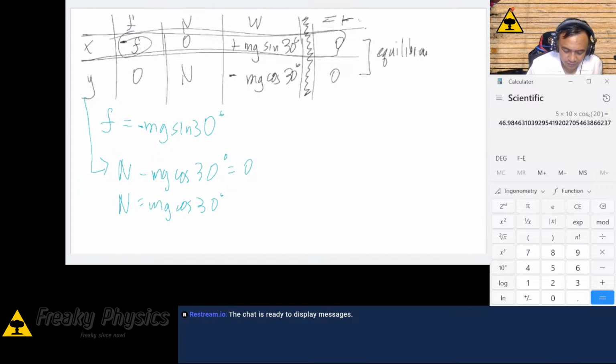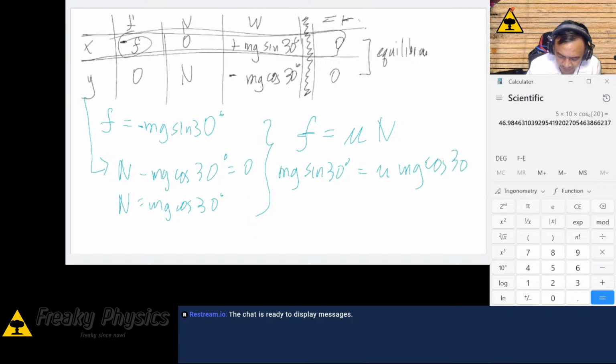Now, you will notice that I am solving this without actually looking for the values yet. The reason for that is because the frictional force is equal to, again, mu n. So all I'm going to do here is put the values in. mg sine 30 degrees is equal to mu times mg cosine 30 degrees. What cancels out?